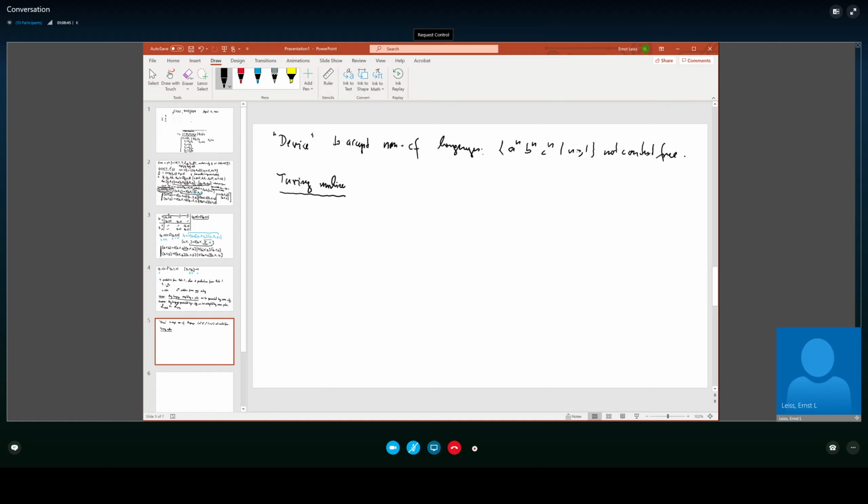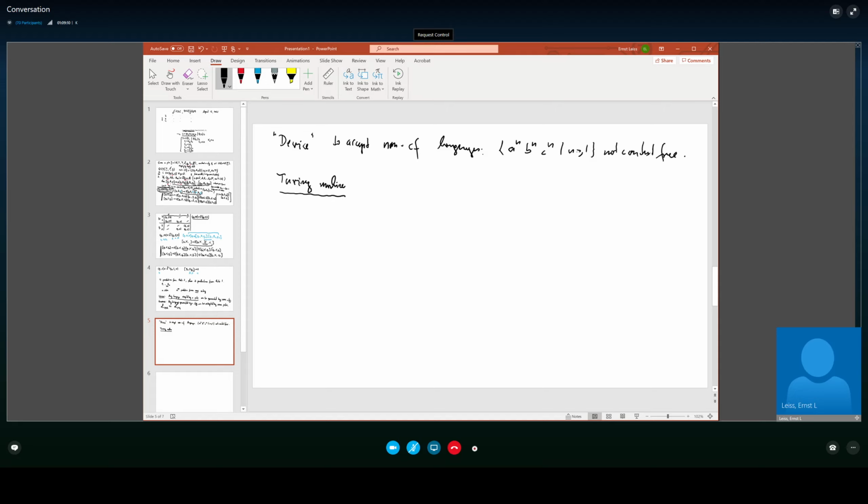So what we then did was extend that to push-down automata, where we essentially added an unrestricted, unlimited storage device, which was a stack.